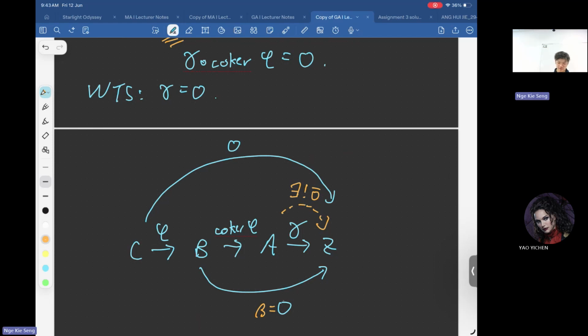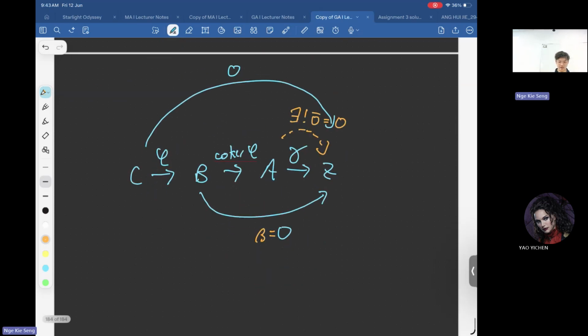Because this beta is 0, the unique map you can have here is 0. The co-kernel universal property says there is a unique map between A and Z that makes this work.